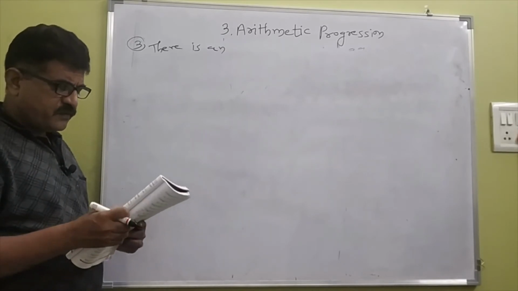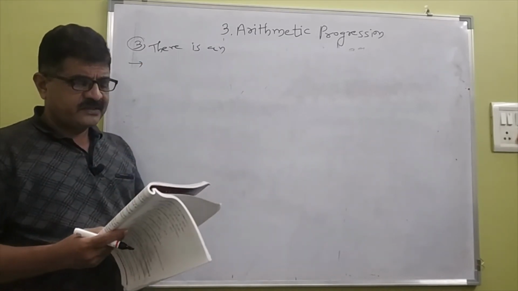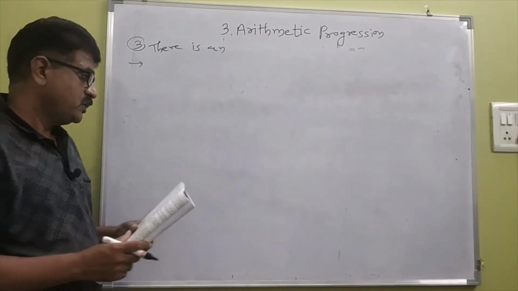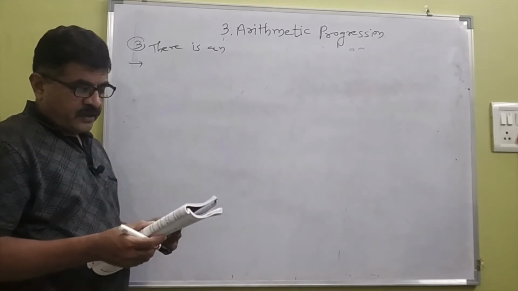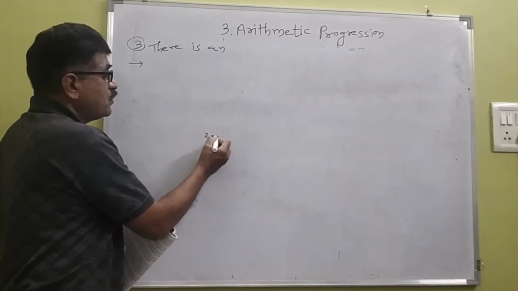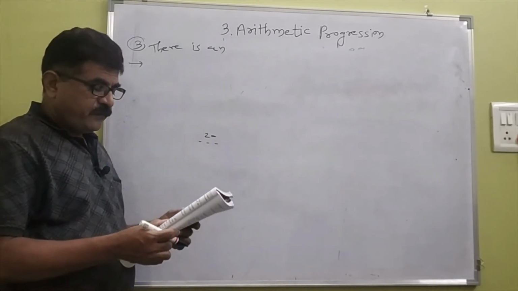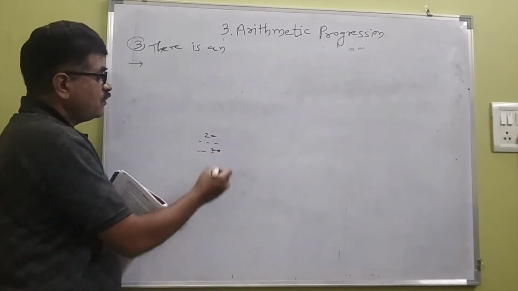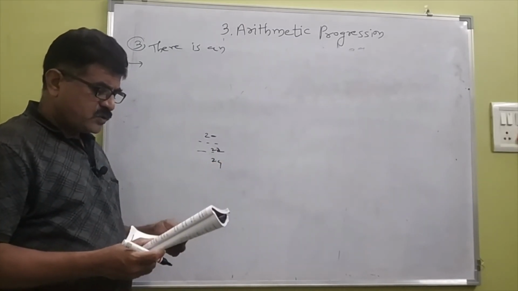There are 20 seats in the first row, 22 seats in the second row, 24 seats in the third row, and so on.